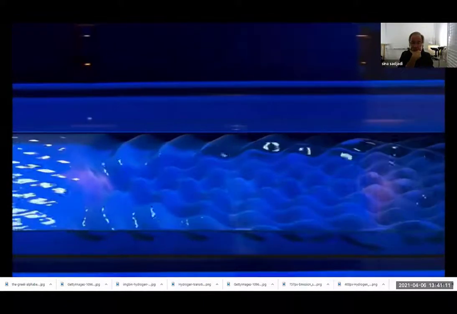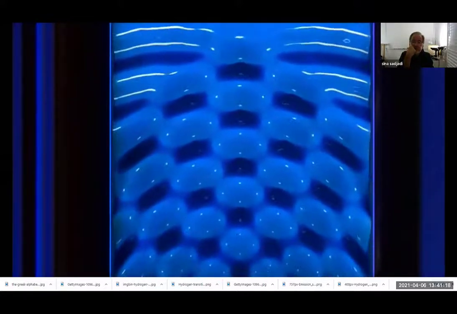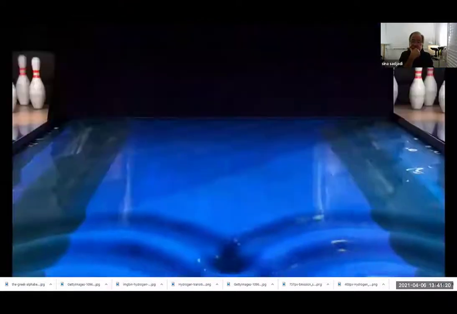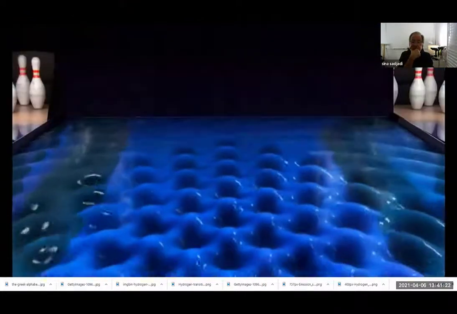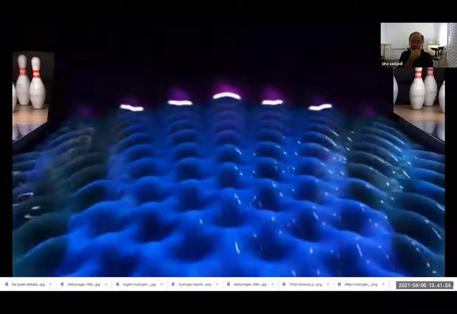Their peaks and valleys would combine, getting bigger in some places, smaller in others, and sometimes they cancel each other out. With the height of the water corresponding to brightness on the screen, the peaks and valleys would create a series of stripes and what's known as an interference pattern.